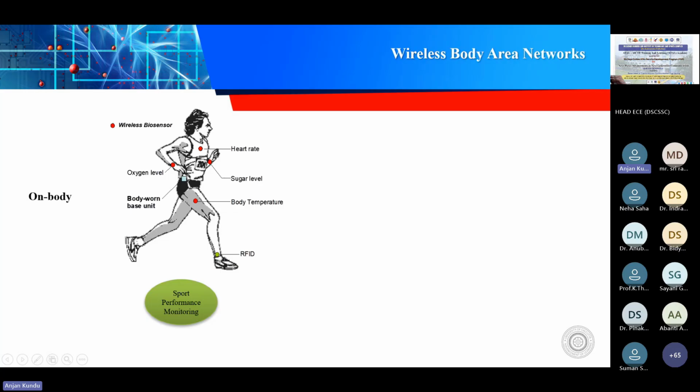All the sensors are connected to the body one base unit, and this unit sends the data wirelessly to the desired destination, either to the cloud, or to the doctor, or to the observer who is observing this sports person. So this is a practical example of WBAN, particularly on body WBAN or on body IoMT.